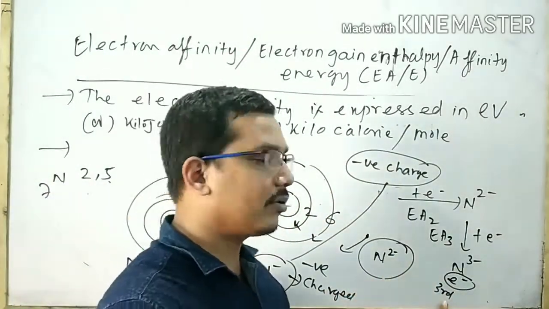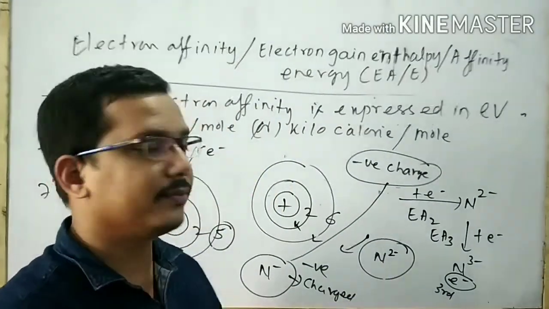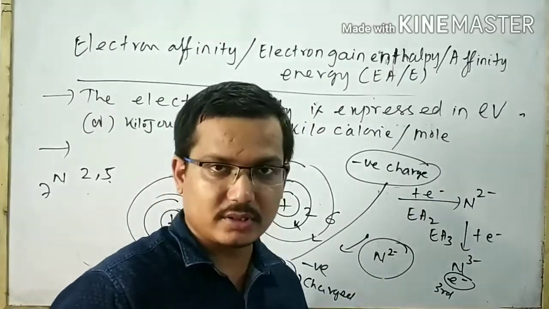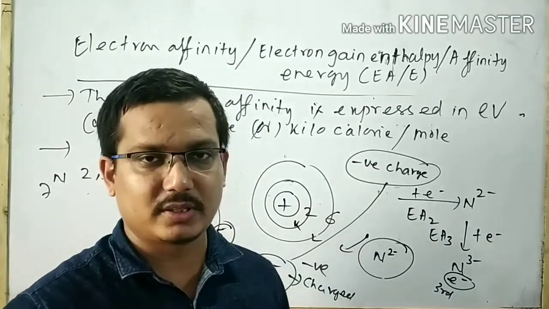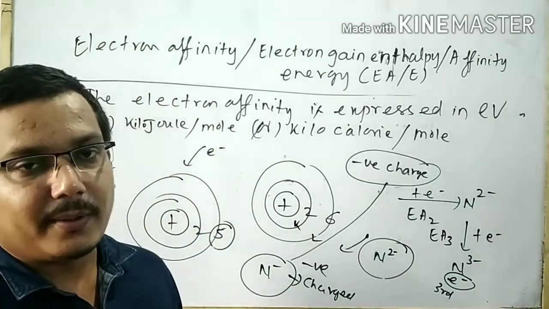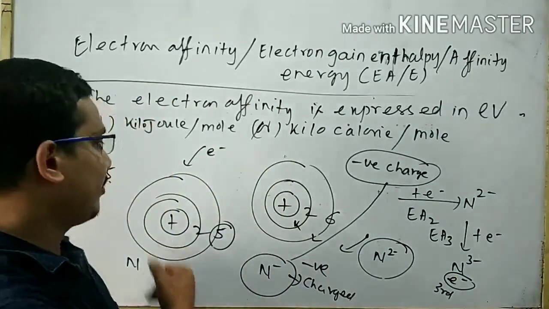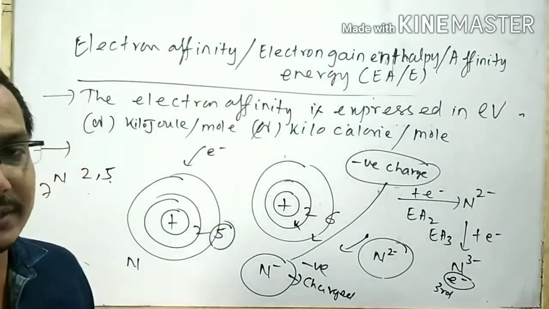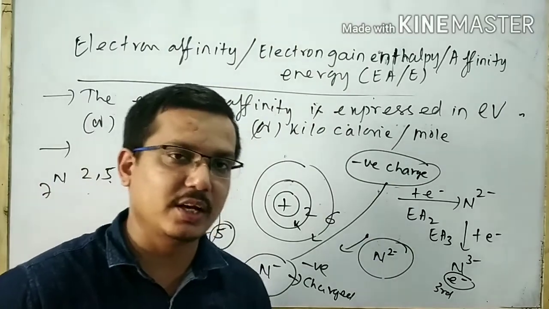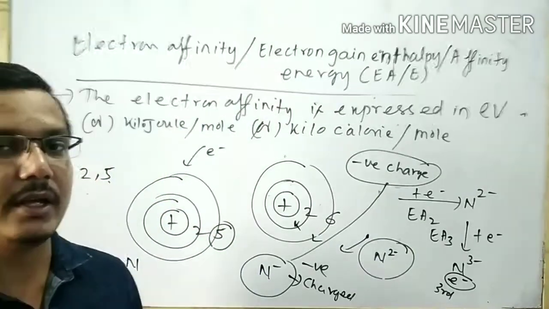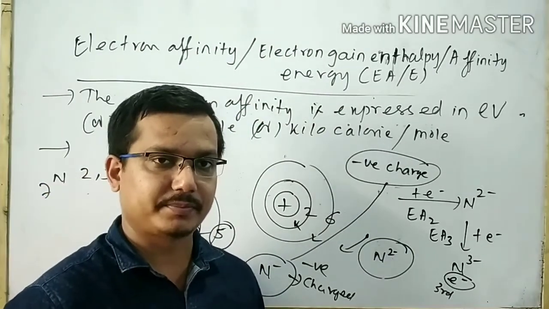So the third electron will be very difficult to add to the N2 minus because there is more repulsion. That means when the first electron is added to the neutral nitrogen atom, there is no repulsion, it is very easy. That means we can think that the atom has more electron affinity.